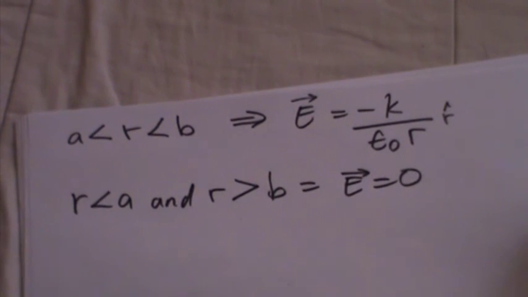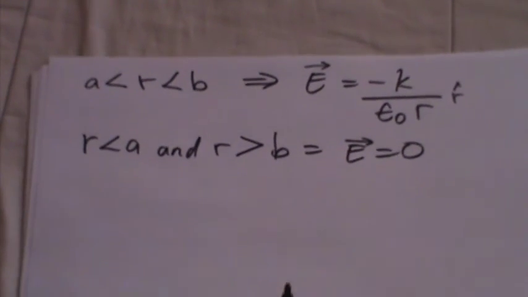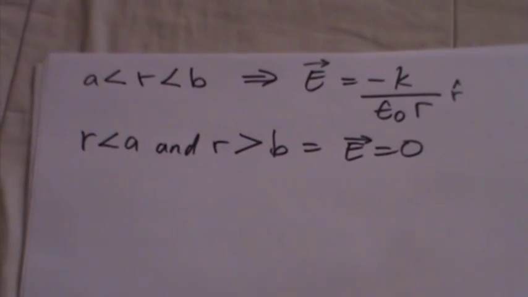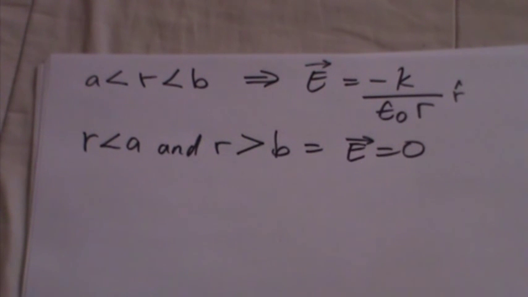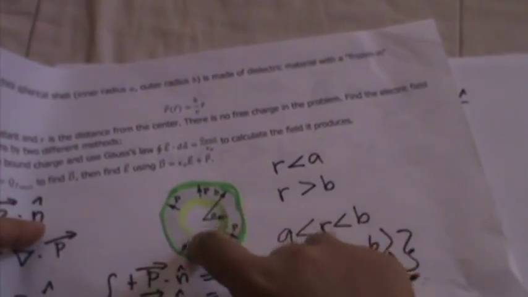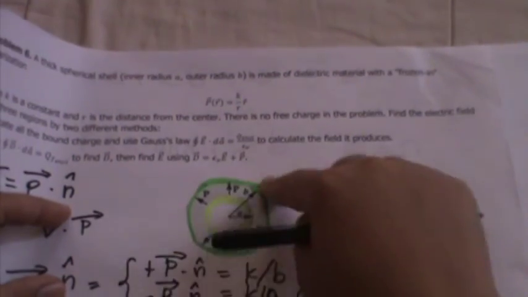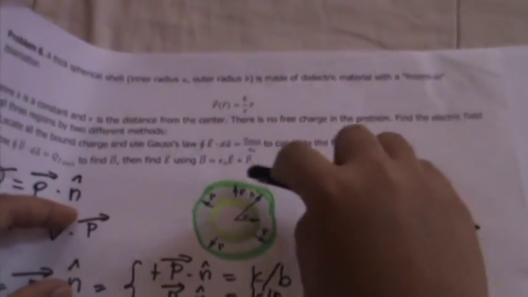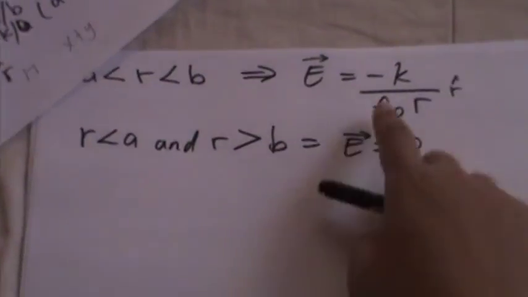If we compare the first method to the second method, it is correct. So at this part, the yellow highlighter and the green highlighter, this is 0. And between the green and the yellow, we'll have negative K over epsilon naught R.